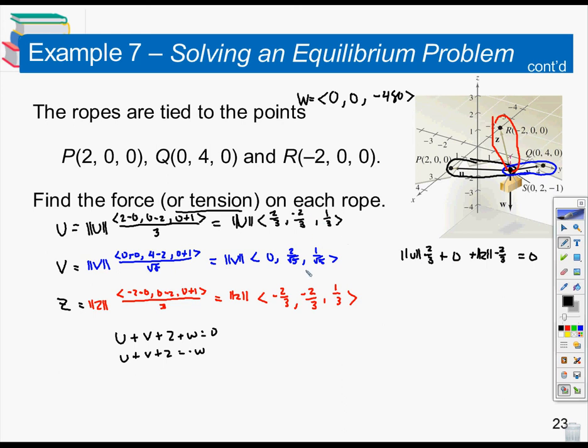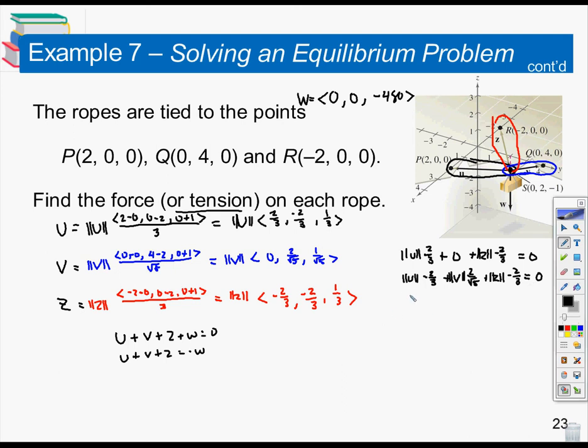Also, if we look at the second terms, the magnitude of U times negative 2/3 plus the magnitude of V times 2 over the square root of 5, that's this one right here, and the magnitude of Z times negative 2/3, all equal, again, 0.